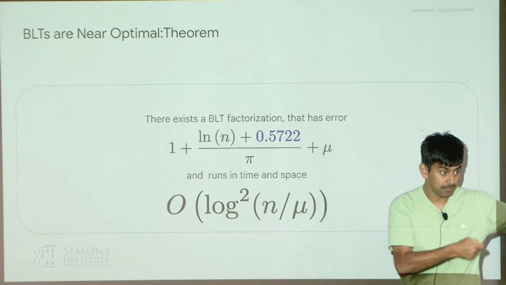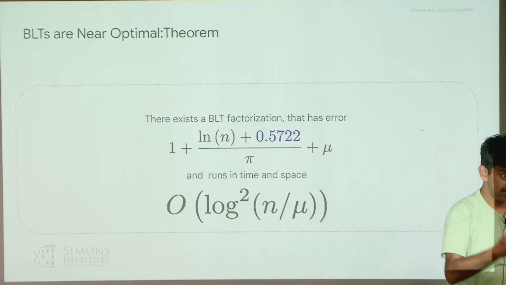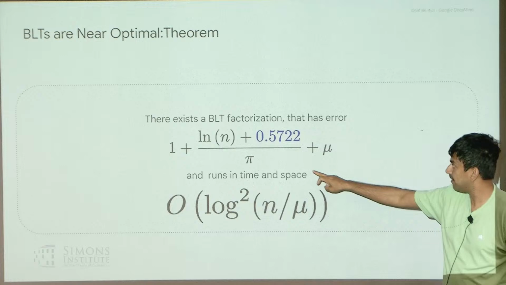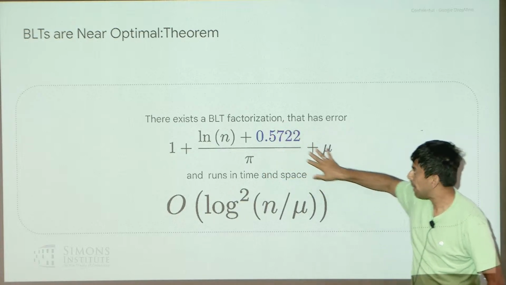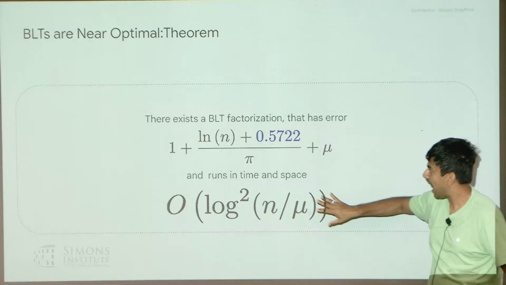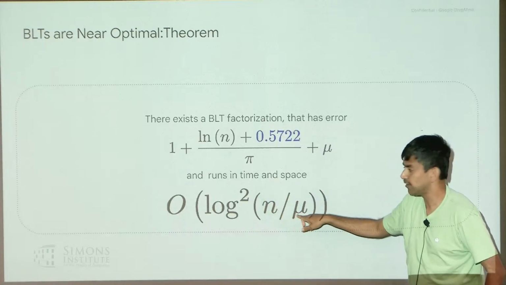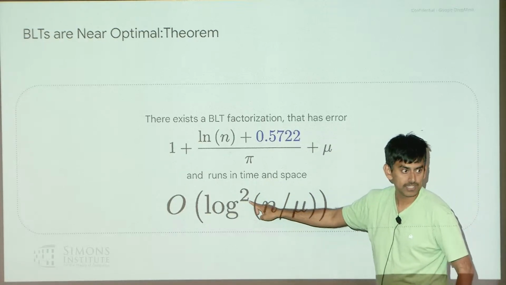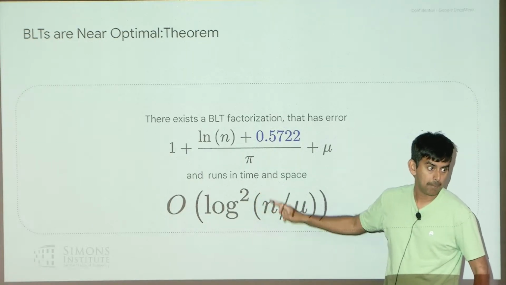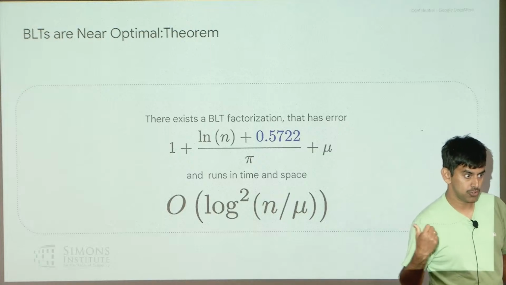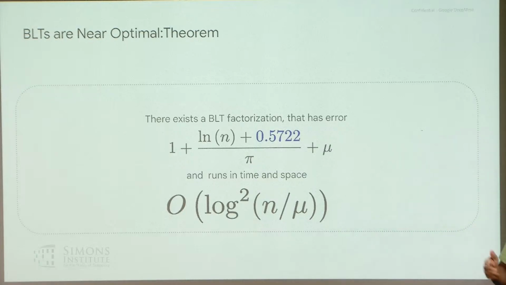I'm defining the B matrix as a BLT operation, which will have error 1 plus log n over pi plus 0.572, which I had for Toeplitz factorization, plus a term mu, and the time and space is log squared n over mu. I don't think log squared is tight. We should be able to bring the power down, but via rational functions, the next tool that I'm going to show, I don't know if we can improve on this squared term. Good.